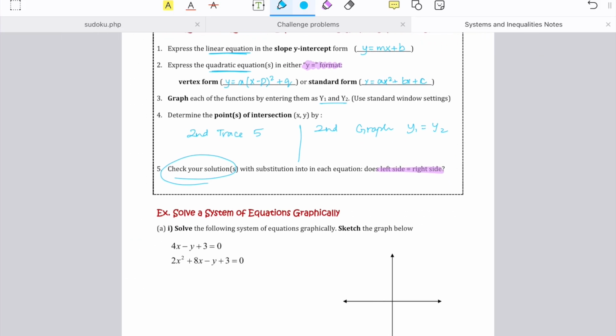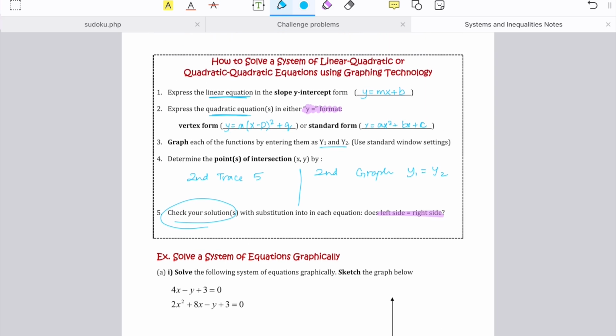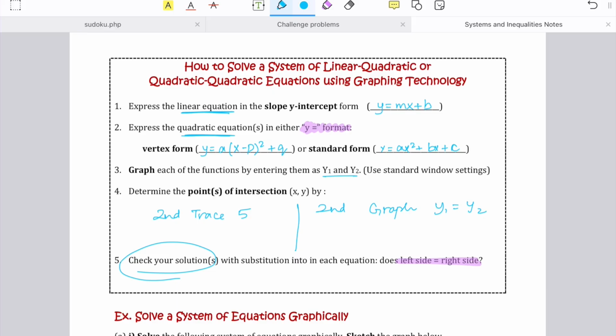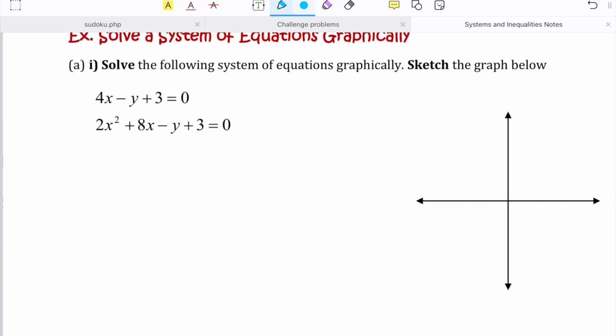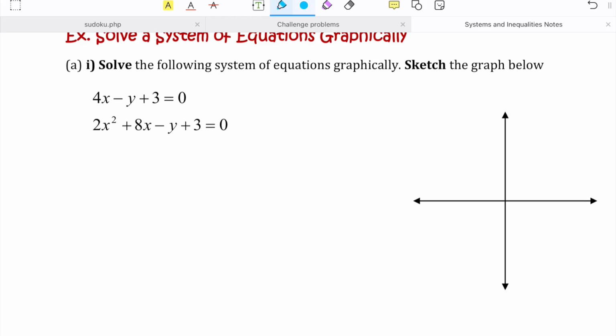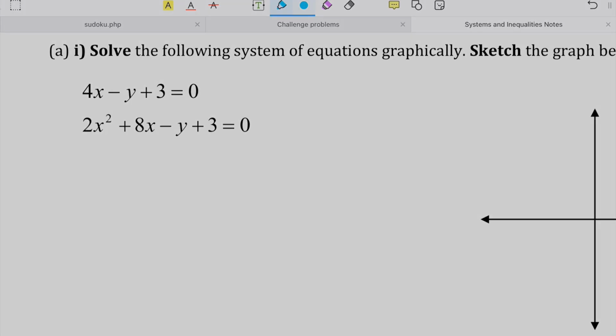So let's solve a question. There are two equations given to me. Any questions about how we'll solve this using a graphing calculator? The steps so far? Okay, so two equations are given to us. Are they in slope-intercept form or standard form? No. So I need to move them around, right?